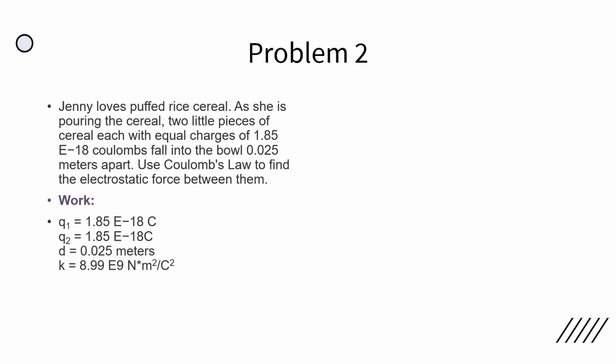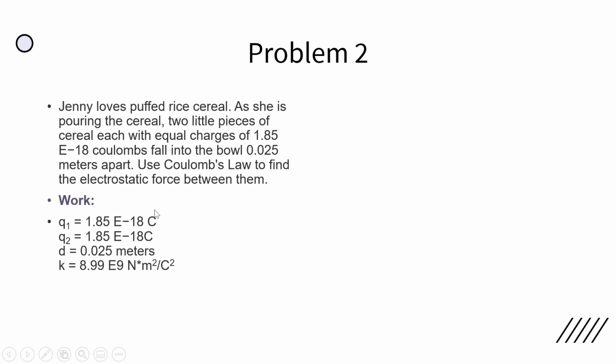Alright, so first of all, you have to list the givens, just like always. We already have the charge of the first particle, specified right here, 1.85 E minus 18. Then we have the charge of the second particle; both particles actually have the same charge, so we just copy the same.